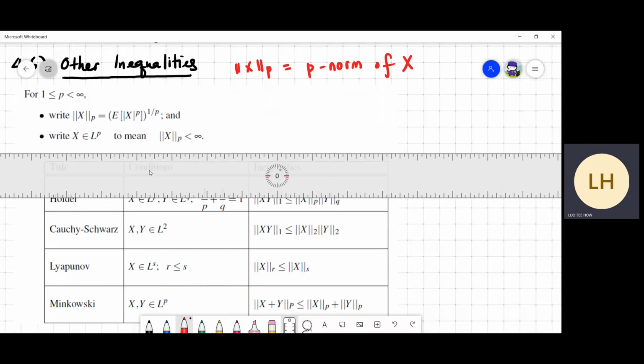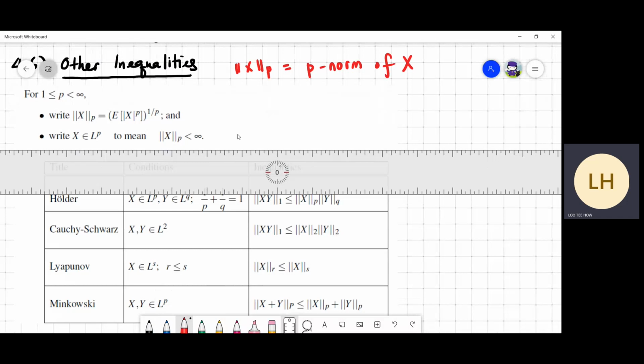Next, we're going to use these notations. As you can see, this p norm equals the expectation of x to the power p, and then the p-th root. So it depends on whether this is infinite or not.